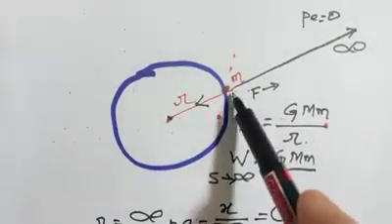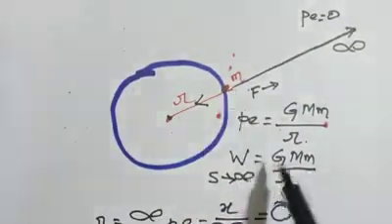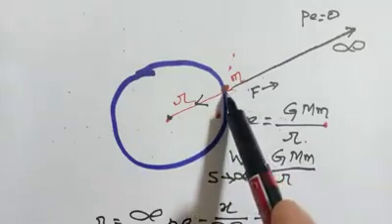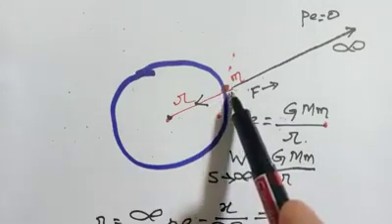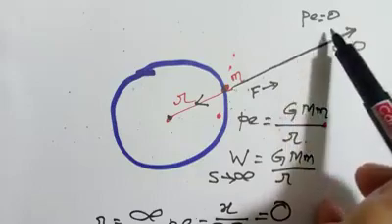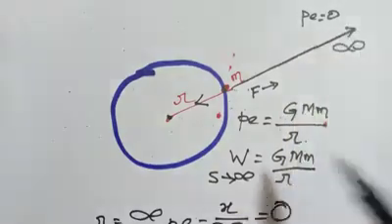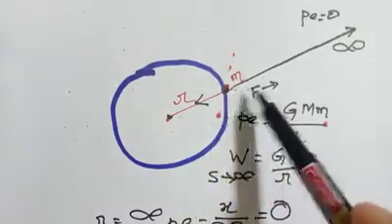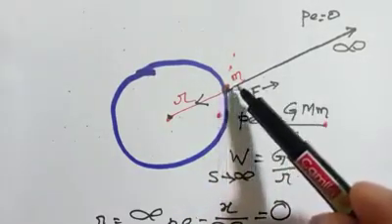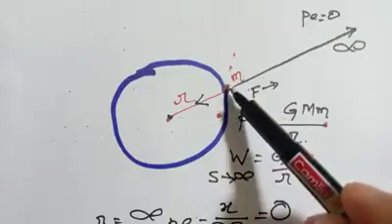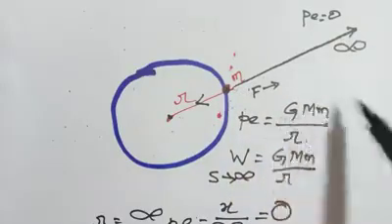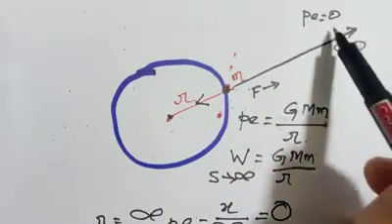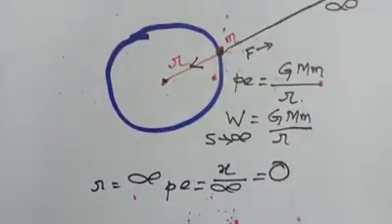Now, considering that this is the gravitational potential energy of the mass when it is on the surface of the earth, and given that the potential energy at infinity would be 0, what would be the potential energy at this point? We know that the work done, that is, I am pulling this mass away from the center to infinity, equals this. And at infinity potential energy is 0, we have just shown this.